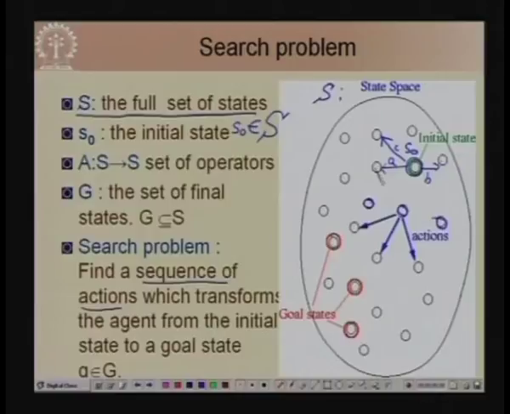From here again the agent can take another action, and then another, and so the agent can take a sequence of actions to reach a goal state. So, this is a state. These are the possible actions that are available from this state. The agent can take one of the available actions from a state. The search problem is, given an initial state, find a sequence of actions which transforms the agent to a goal state.